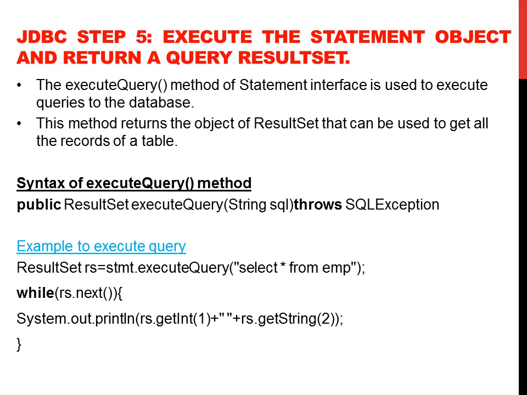Then we are printing the first two columns only. getInt of 1 means the first column, its data type is number or integer type, so we are using the getInt method. And the second column data type is string, so we are using rs.getString. 1 indicates column 1 and 2 indicates column 2. This is how you create a statement object and execute a query.